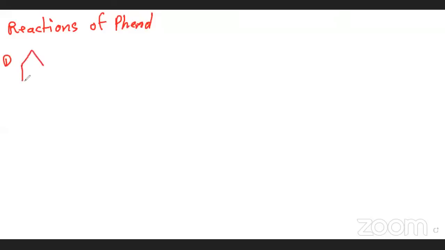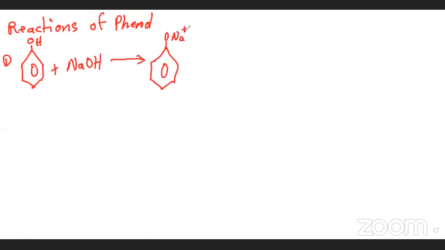Reaction of phenol with sodium hydroxide. So when you react phenol with sodium hydroxide, all you need to do is replace the hydrogen with sodium. All right, so that is it.